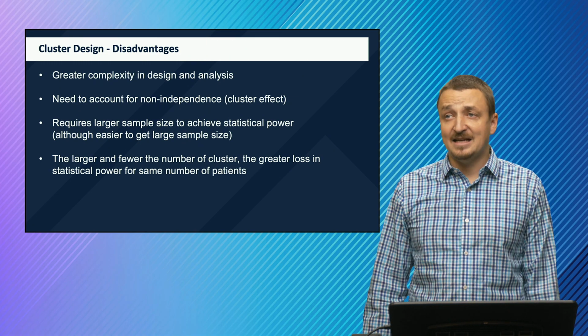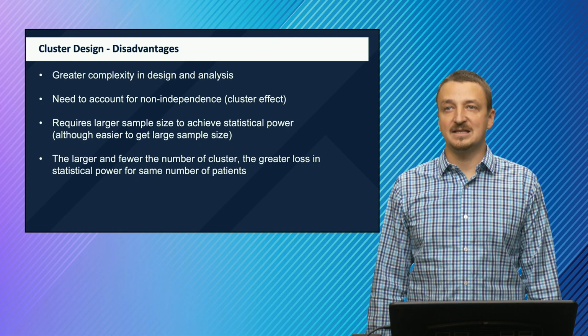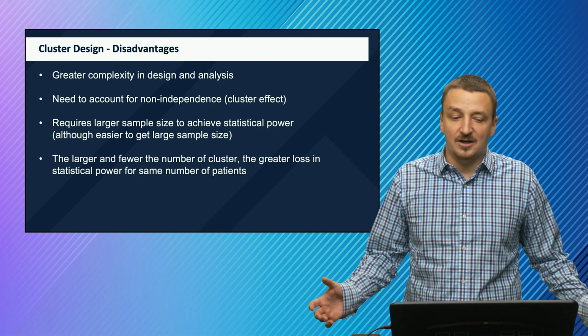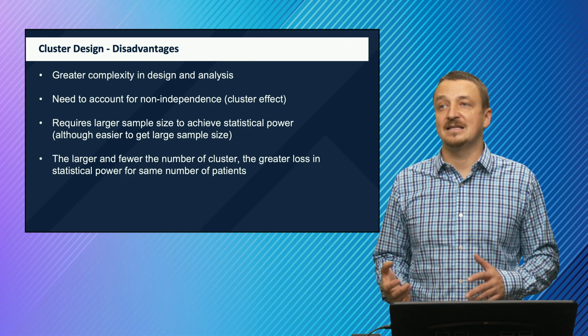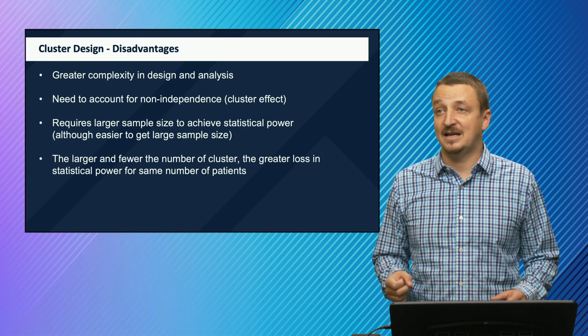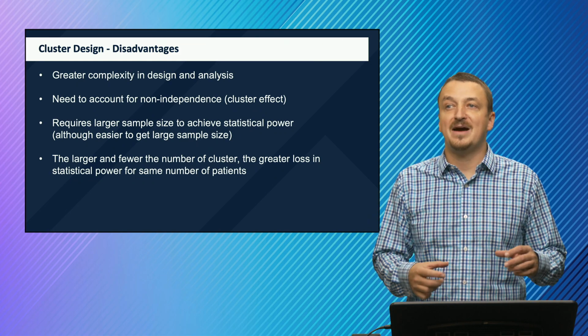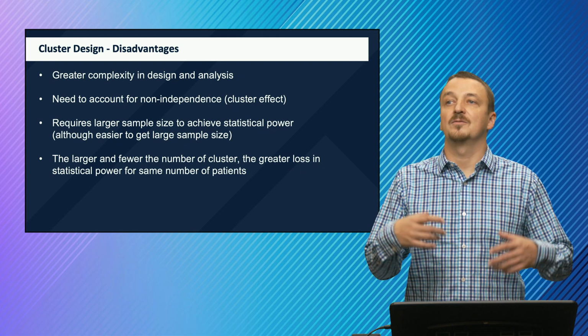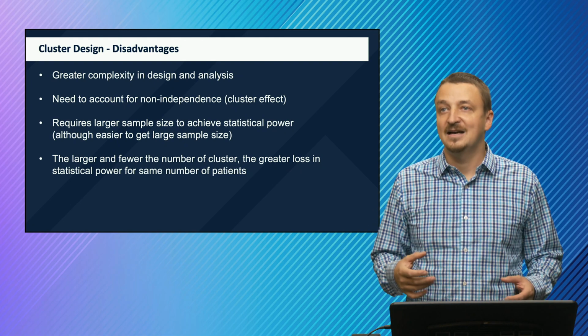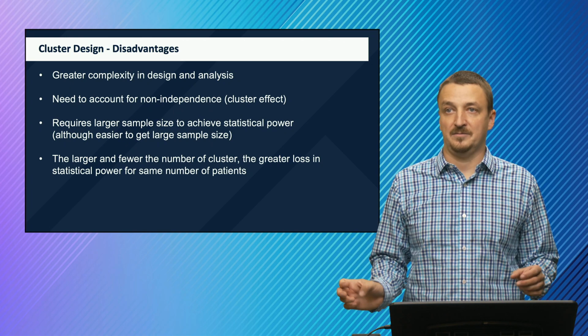With cluster design and matched pair design, there are a number of important disadvantages, of course. It starts off with a greater complexity in design and analysis. We also need to account for non-independence, and that's what I said before, this cluster effect. There might be peer pressure within a cluster, so people might be more adherent than they would be if the peer pressure and the whole cluster effect was not there.